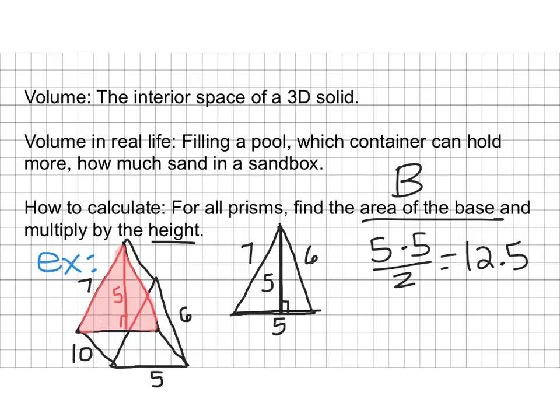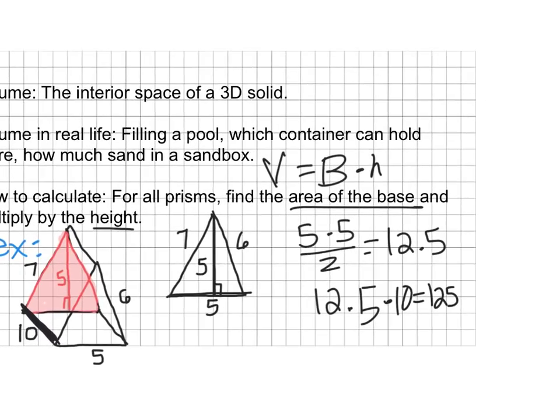We sometimes wrote that as the big B times H equals volume. So then my height here, that refers to the height of the prism. So that's this 10 there, because that connects the 2 triangles together. So 12.5 times 10 gives me 125, and I'll need to do units cubed.